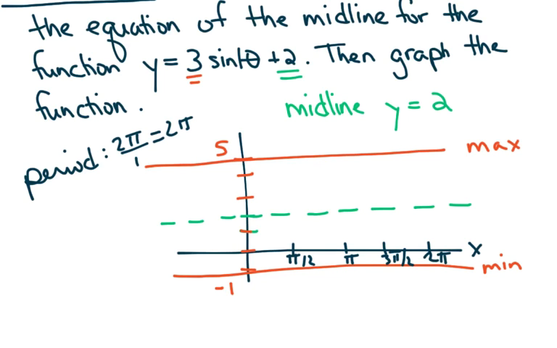It's a sine graph, so the sine graph starts on the midline, and then it goes to its maximum, and then it goes back to the midline, and then it goes to the minimum, and then it goes back to the midline. And there's your graph. Notice that I use different colors to do this. It might help you if you have a set of colored pencils in order to do this section.